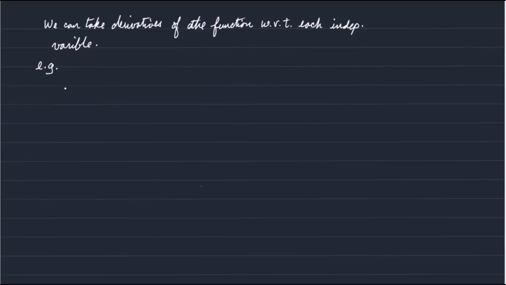We can take the derivative of f with respect to x, and when we do that with respect to one variable, this is called a partial derivative. And we use the curly d's to represent partial derivatives. I guess curly d indicates partial derivatives.